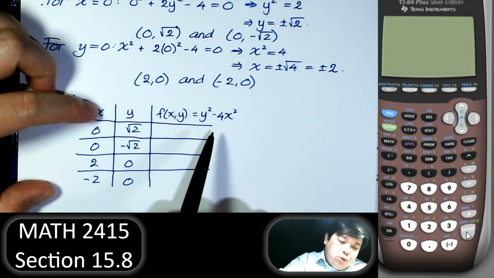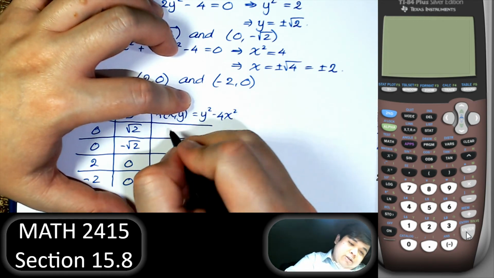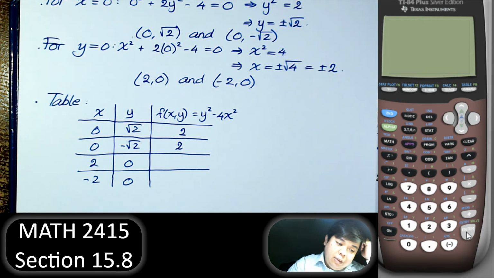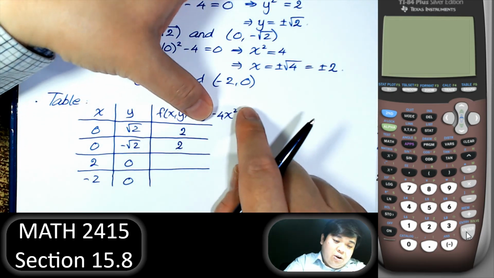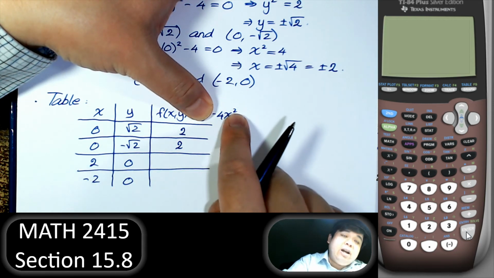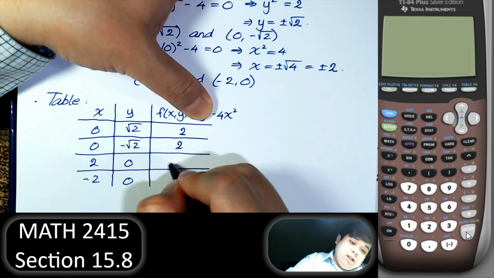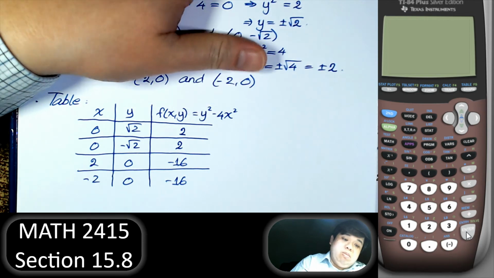When x equal to 0, y equal to square root of 2, put it there, we should have 2 and 2. Now, when y equal to 0, and we put x in here, 2 and negative 2 in there, 2 squared is 4 times negative 4 is negative 16. So maximum and minimum there.